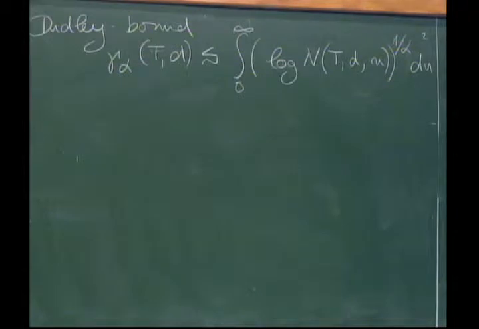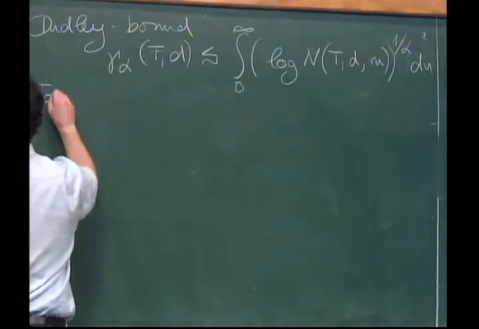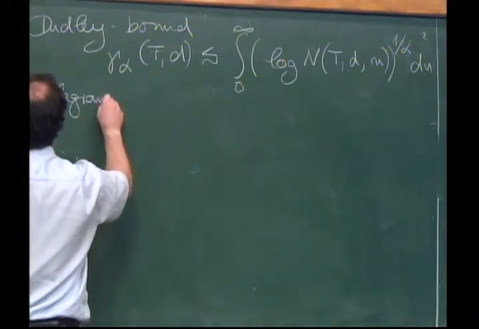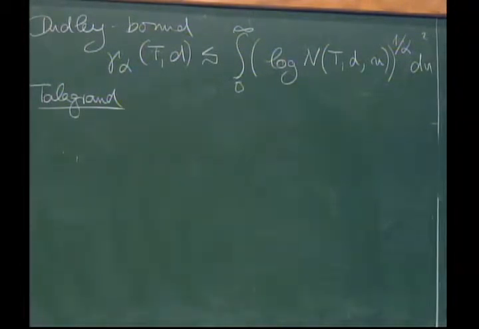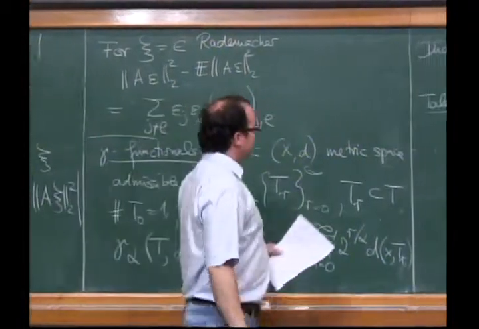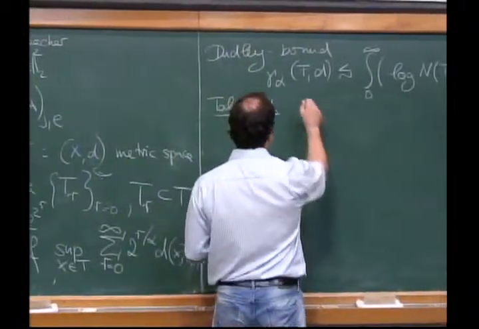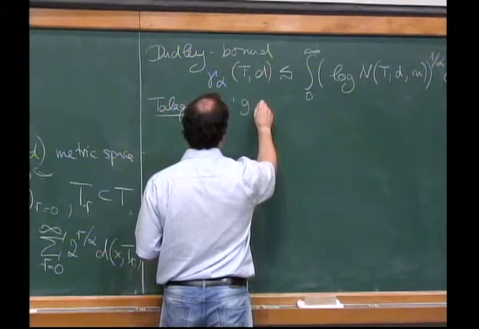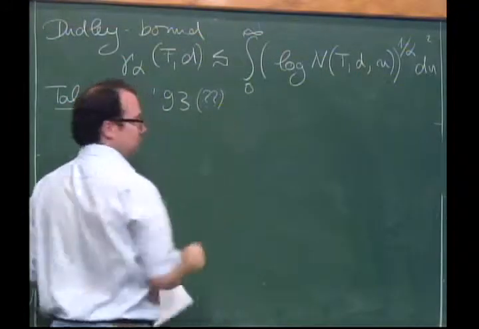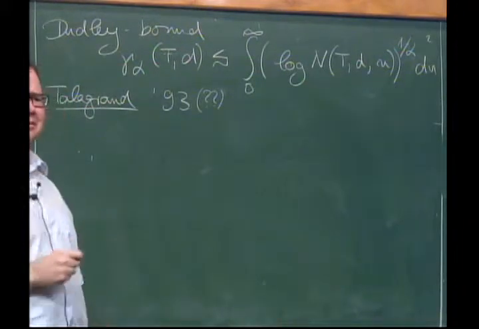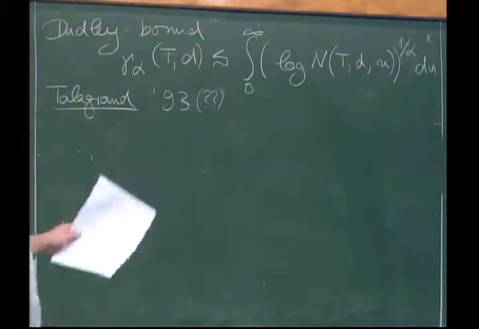Okay. And so now we come back to processes of this type here. So, a bound by Talagrand, I think it's '93 or something, somewhere in the 90s.